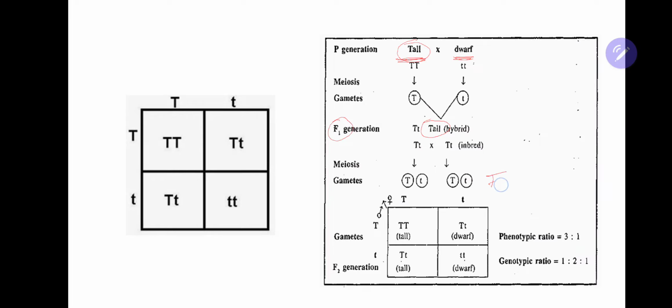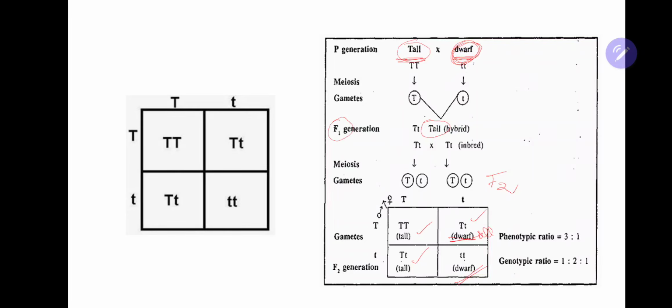This is the F2 generation. In the F2 generation, you can see here this one is tall, this one is also tall. So the tall characters were expressed, but surprisingly the dwarf character is also expressed here.